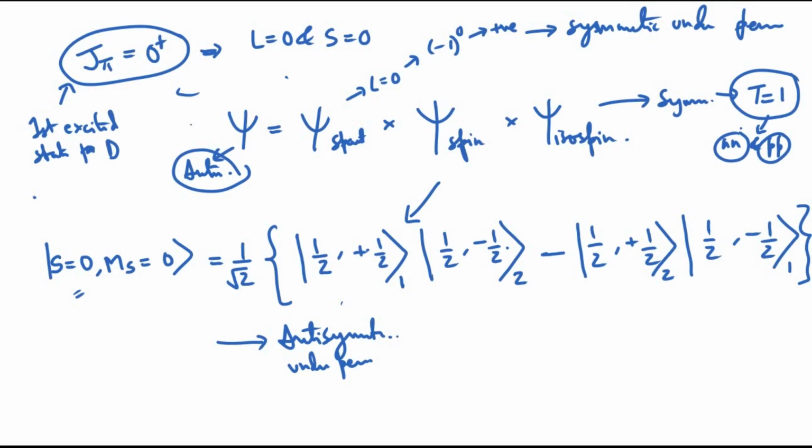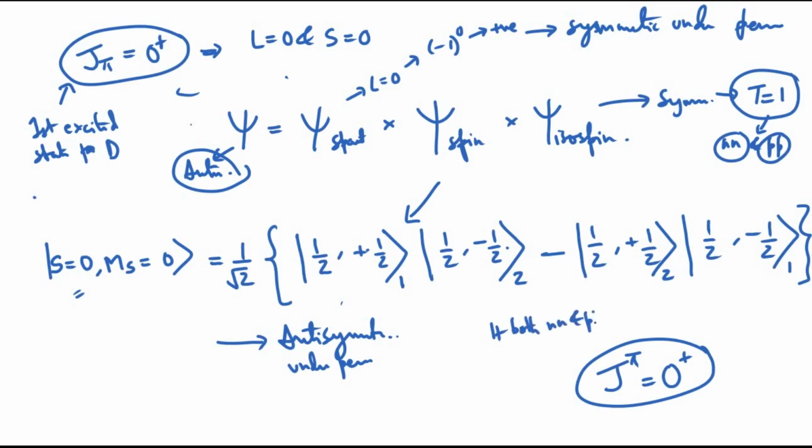So we can say that if the nuclear force had been such that both di-neutron and di-proton existed, then the ground state of NP, NN, PP all would have J pi equal to 0 plus.